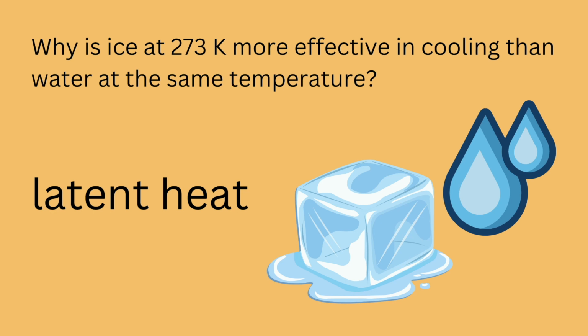So 273 Kelvin is basically the melting point of water, right? 0 degrees Celsius. So at that point, ice doesn't have latent heat and water does have latent heat. Since ice doesn't have latent heat, it can absorb more heat, and that is why at the same temperature, ice is more effective at cooling than water. I hope you got this. Moving on to the next question.